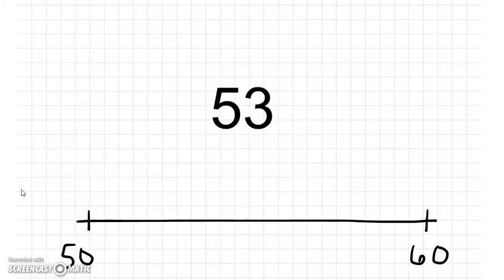Well, if you're looking at a 2-digit number, like 53, 53 is obviously not between 0 and 10 like our last number line. 53 is in between 50 and 60, and we're trying to figure out which it is closer to. Well, if we looked at a number line, 55 would be our midway point. So we know that 53 falls in between 50 and 55.